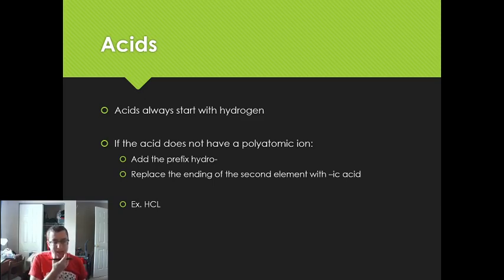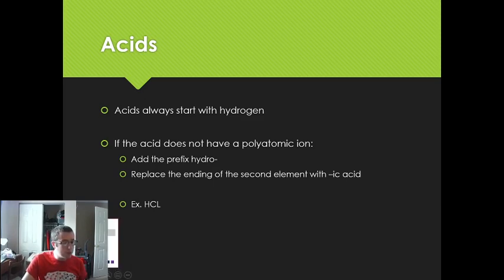But anyway, when we go to name acids, if the acid does not have a polyatomic ion in it, the way that we're going to name it is we're going to add the prefix hydro. Remember, prefixes come at the beginning of the word. And then we're going to replace the ending of that second element with ic acid. So for example, here for hydrochloric acid, let's get a color that's not red maybe.